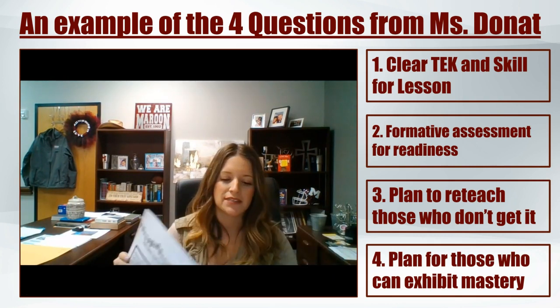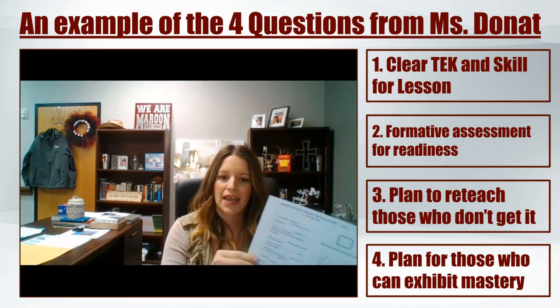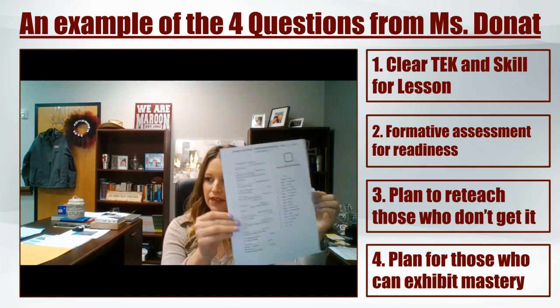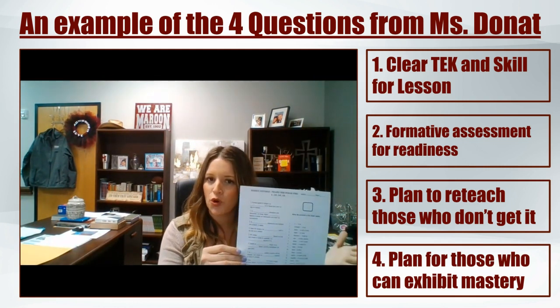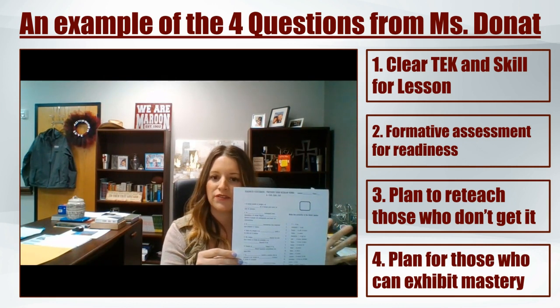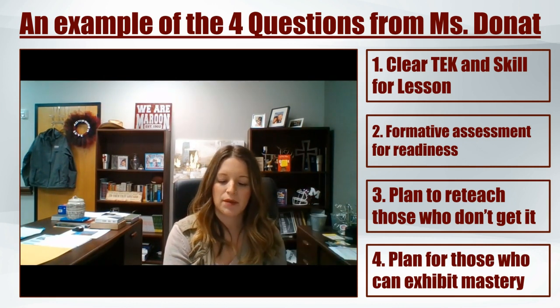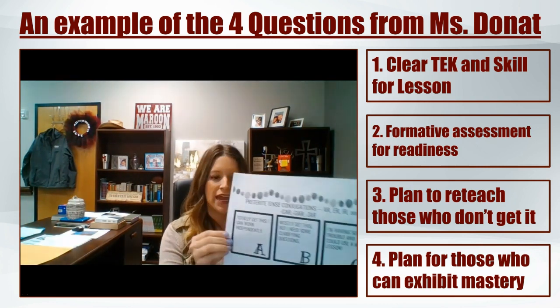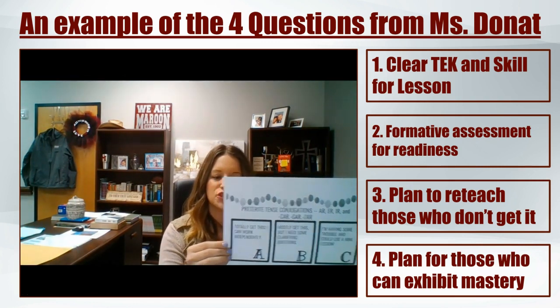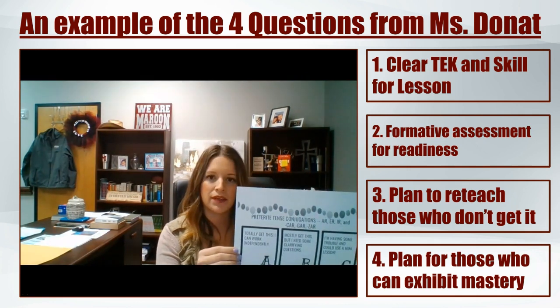So what I do is I create an assignment and I give it to them, like this sheet over here. And I give them about a minute to look over it. After the minute, I ask them, okay guys, do you feel like you're an A, that you totally get this, you can work on it completely independently?